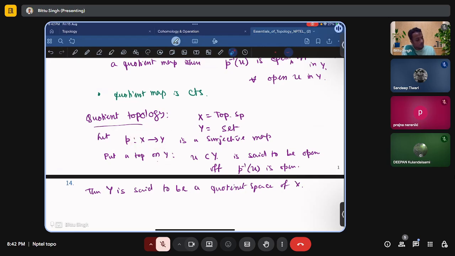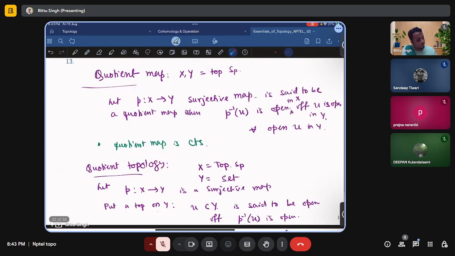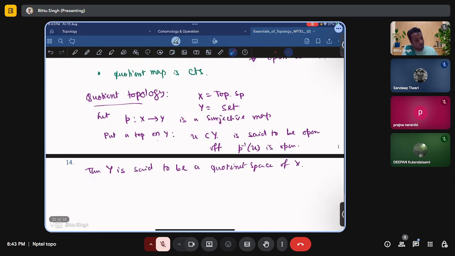So here the interesting thing is that if we define Y in this way, then P becomes a quotient map. Okay. So this P is a quotient map.